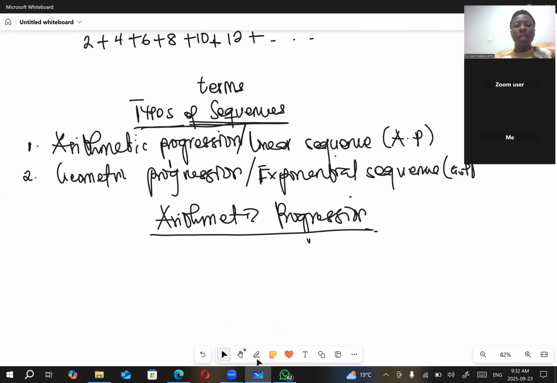Yeah, so arithmetic progression. This is a kind of sequence in which each term differs from the preceding term by a constant. A constant called the common difference.